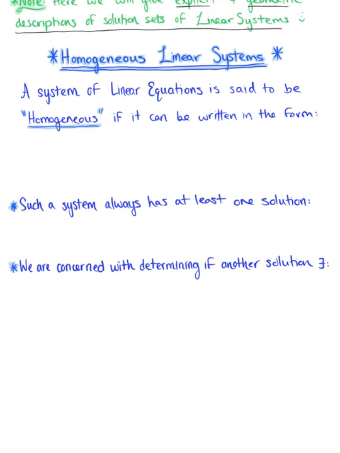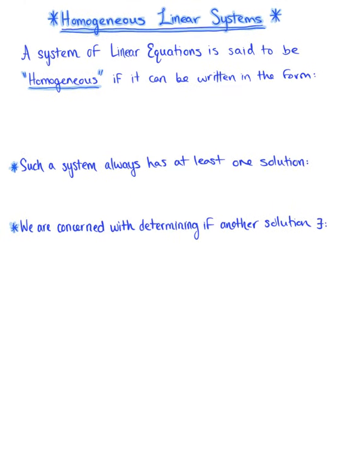We're going to start by exploring homogeneous linear systems. So a system of linear equations is said to be homogeneous if it can be written in the following form. So a linear system is homogeneous if it can be written as matrix A times vector x equals the zero vector.